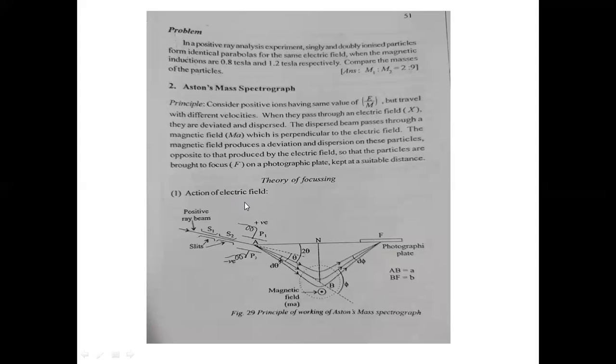Action of electric field. Let x1 be the linear displacement of the particle on leaving the field in the direction of the electric field. So you are going to find that x1.